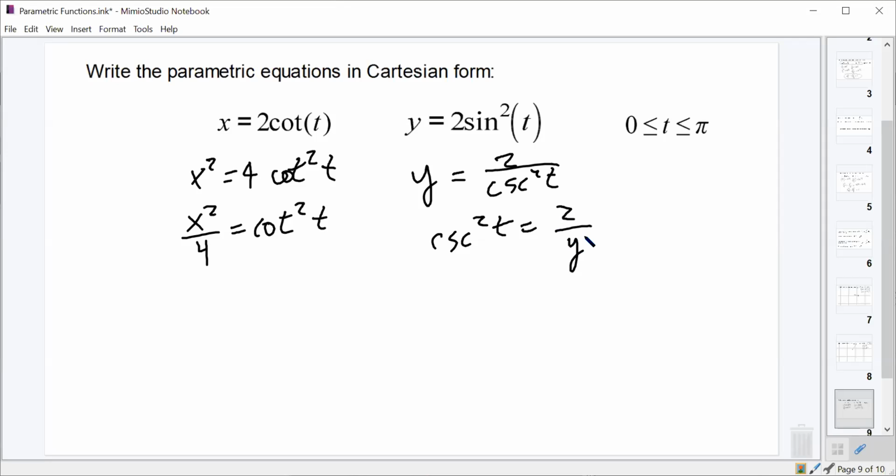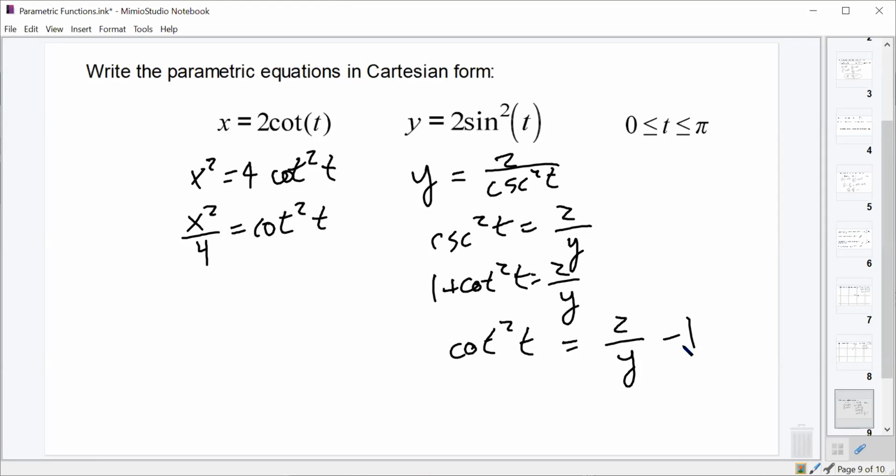Perfect. And then I just put what cosecant squared t is equal to, and then subtracted cotangent squared t from that, and then set it equal to 1. So you said cosecant squared t was equal to 1 plus cotangent squared t? Yeah. And subtract the 1. Like that?